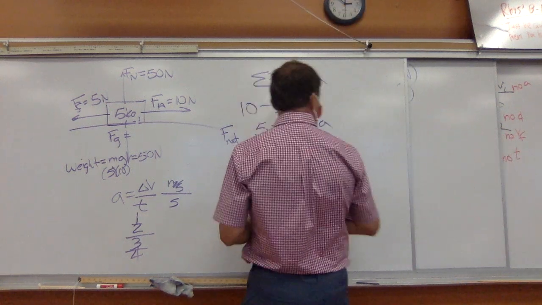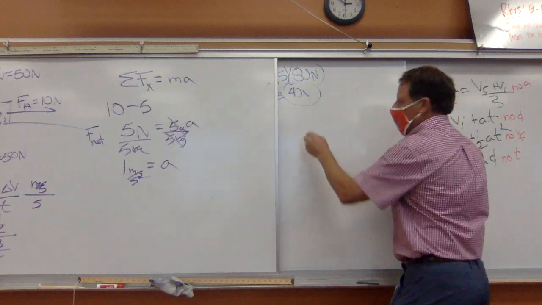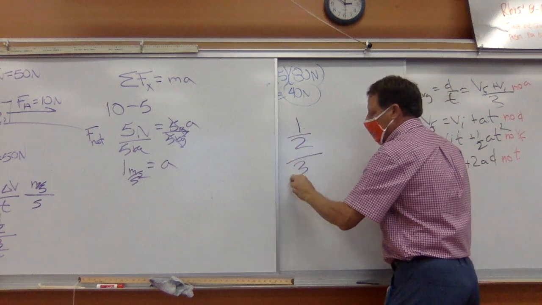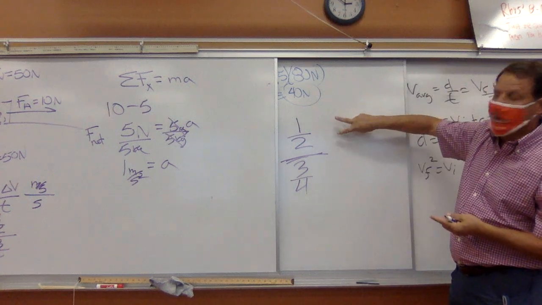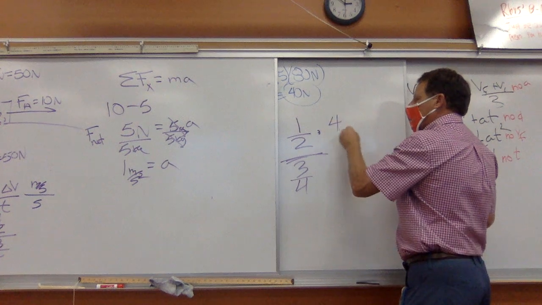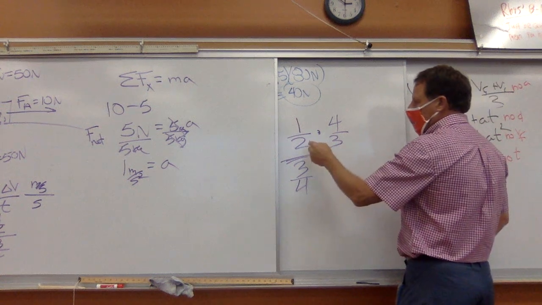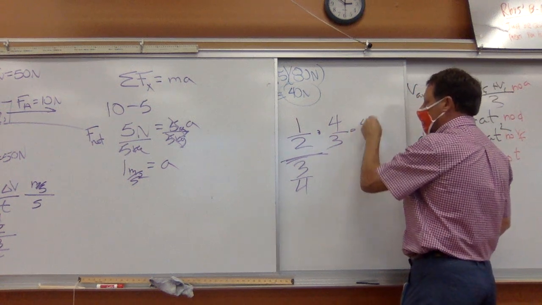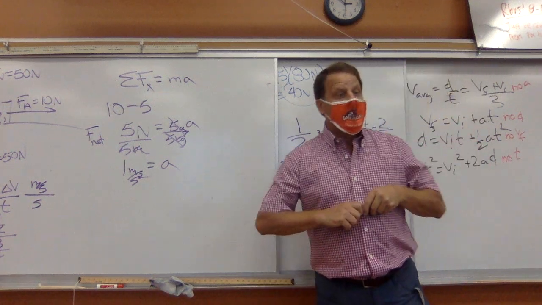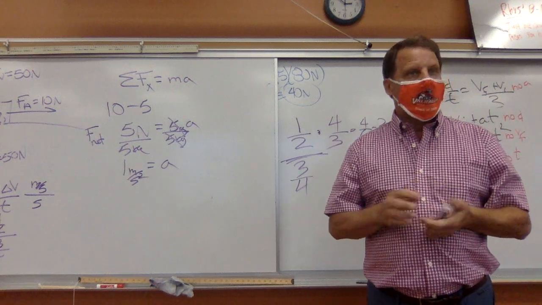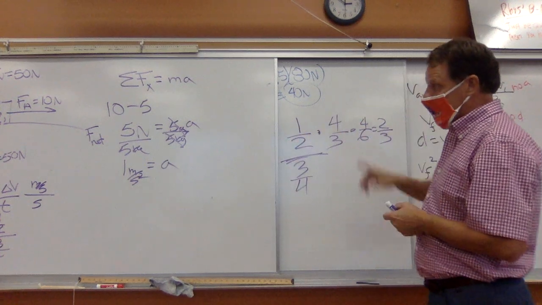Does that ring a bell? Okay, so we're going to have 1/2 divided by 3/4. I'm going to take this 3/4 and flip it over, and I'm going to get 4/3. And then I'm going to multiply, and we're going to get 4/6, which would reduce down to 2/3. Okay, so we're going to multiply by the reciprocal, or the inverse, or the bottom fraction flipped over. And I know you guys have done that.